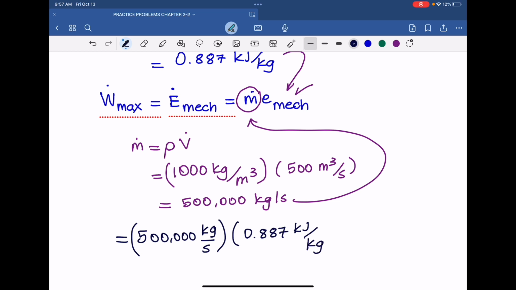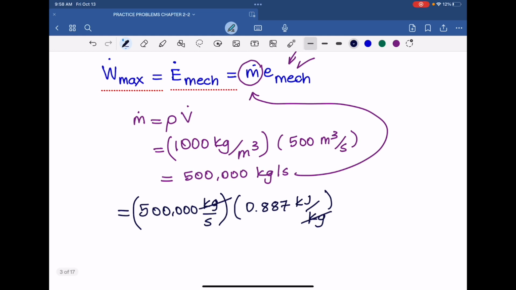This was the mechanical energy per unit mass. And now let's look at the units. Units should give me kilojoule per second, which makes sense. Kilowatts. So 444,000 kilowatts, or 444 megawatts.